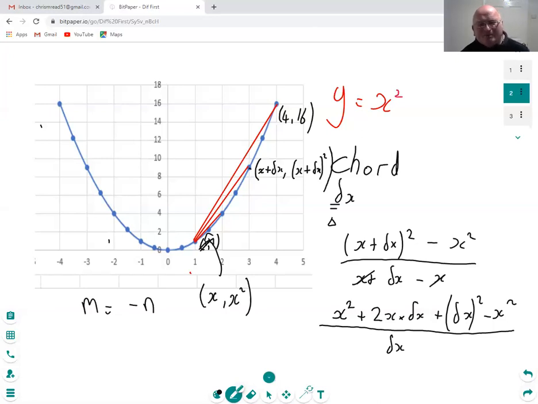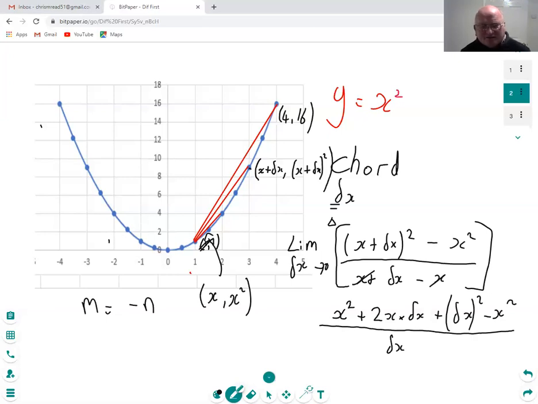That's what we want. So what we're going to do is a new notation here. We take the limit as delta x tends to 0. That means we want to work out what this thing here is when delta x is getting closer and closer to 0, if not 0. So actually I should have put that. Sometimes we put different parentheses around, because that's operating on everything inside that square bracket.